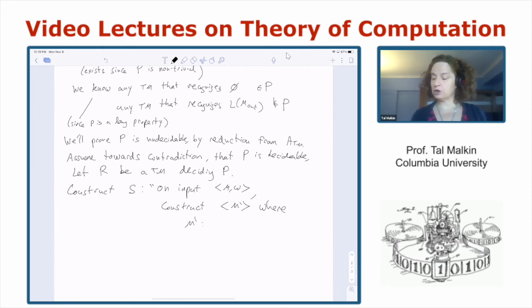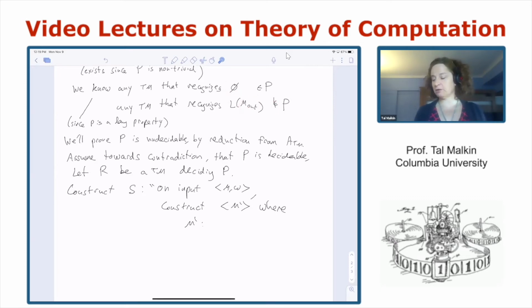So our idea is the following. We will construct some machine M prime such that whether or not M accepts W exactly corresponds to whether or not our machine M prime recognizes either the empty set or M out.